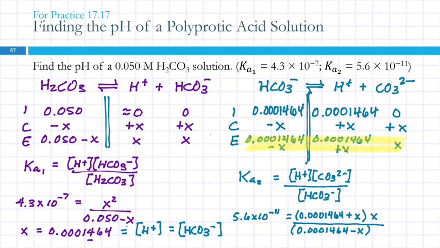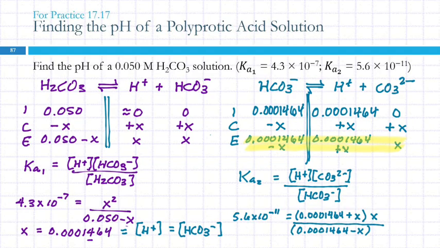You can plug this into the solver. I've done this a lot, and so I recognize that this is a situation where using the X is small approximation makes the math much, much simpler. If this X is 0 and this X is 0, then these two numbers cancel out. And X just equals the equilibrium constant.